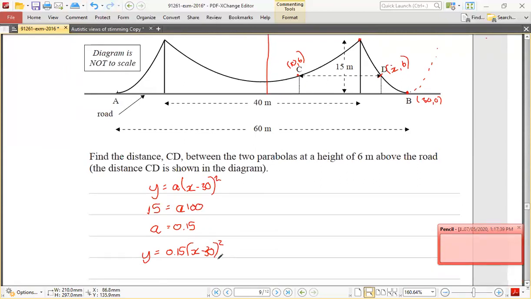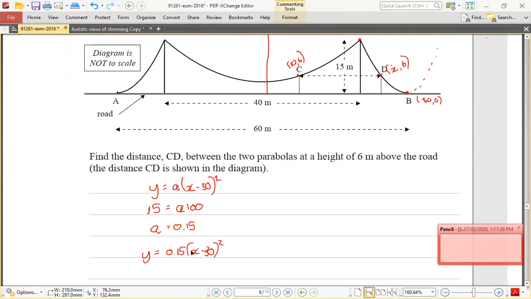Oh, we've got to substitute in, we're trying to find x when we know that y is 6. Oh, we've got to expand this.